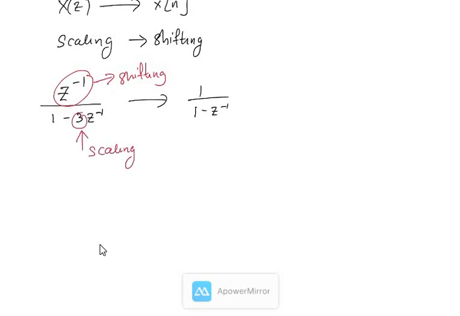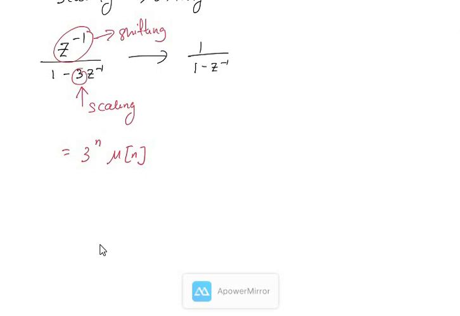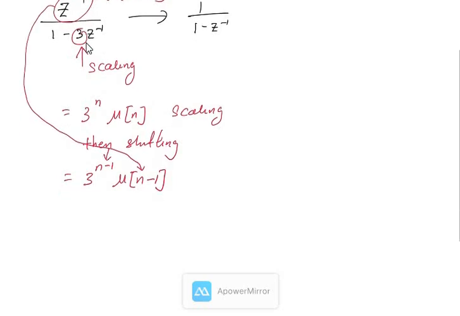So how do we go from the Z transform to x(n)? For the scaling first, we have 3 to the power of n u(n). This is the scaling. Then shifting. For the shifting, it's 3 to the power of n minus 1 u(n minus 1). This part we can get here and also here, so make sure these two have the same value, n minus 1.